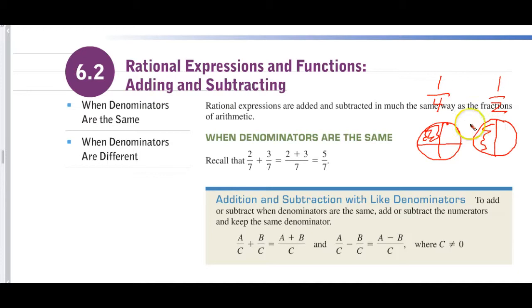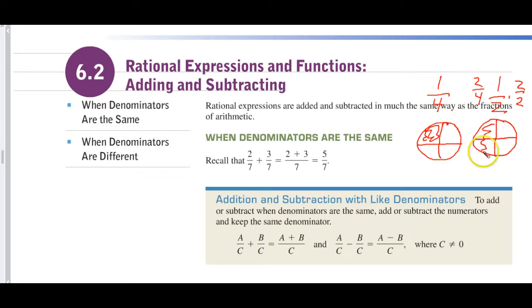The answer is no, because here you only have 1 out of 4, and here you have 1 out of 2. To make this equivalent, we'd have to change the 1/2 by multiplying it by 1 in the form of 2/2 to make it 2/4.